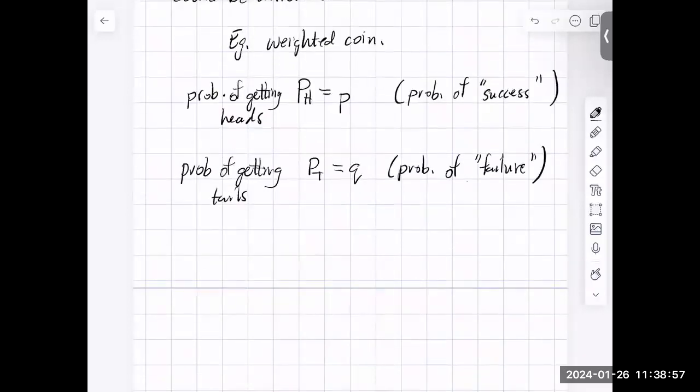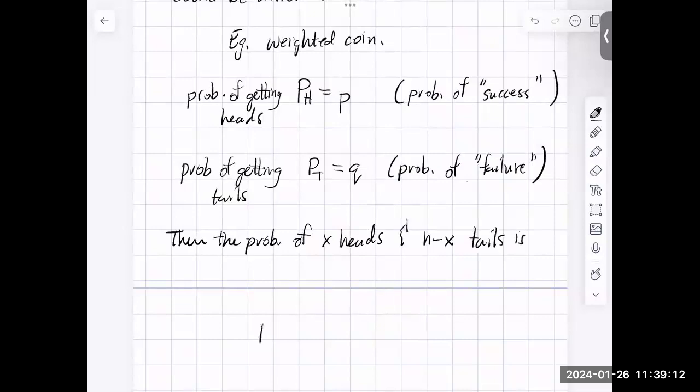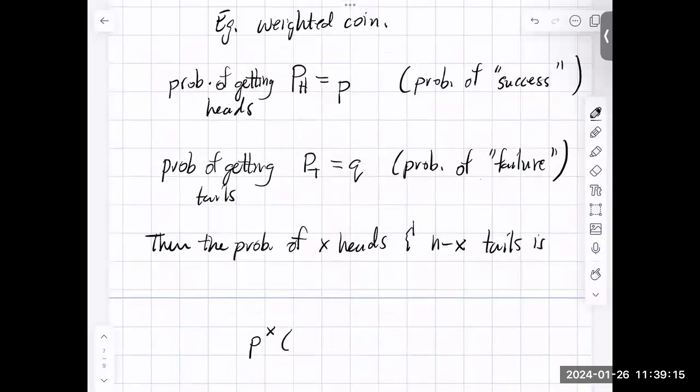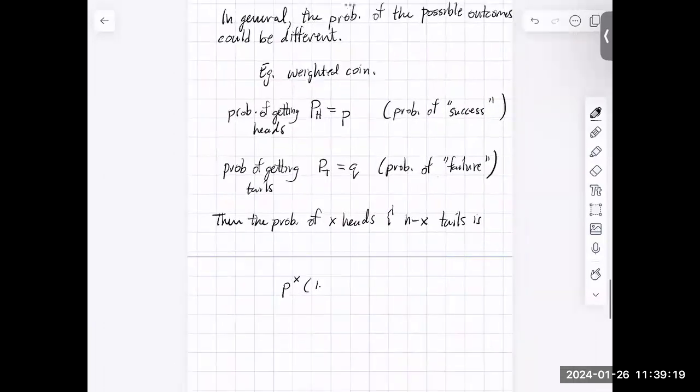So if all of this is true, then the probability of X heads and N minus X tails is P to the X times Q to the N minus X, which people will often write as P to the X times (1 minus P) to the N minus X, where P plus Q must equal 1.